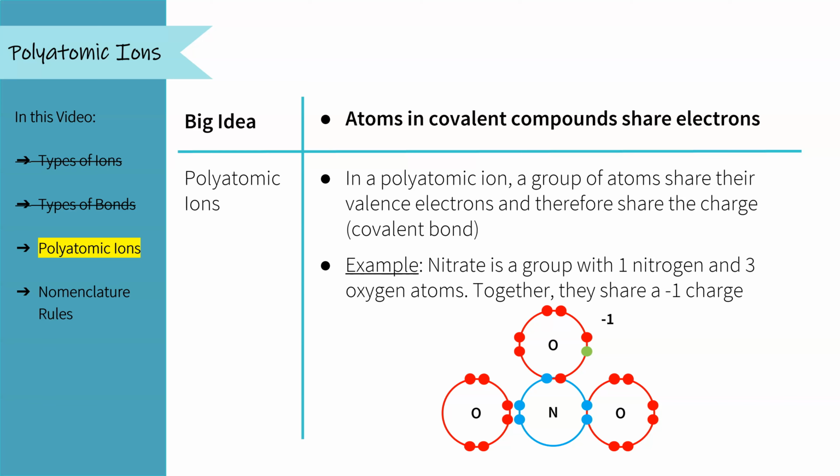The nitrogen and the left-hand oxygen look a little trickier, but they're actually sharing 4 electrons. So this oxygen has 4 of its own electrons, and then those 4 shared for a total of 8. You don't need to worry too much about this. I just think sometimes it's helpful to think about how this sharing is happening.